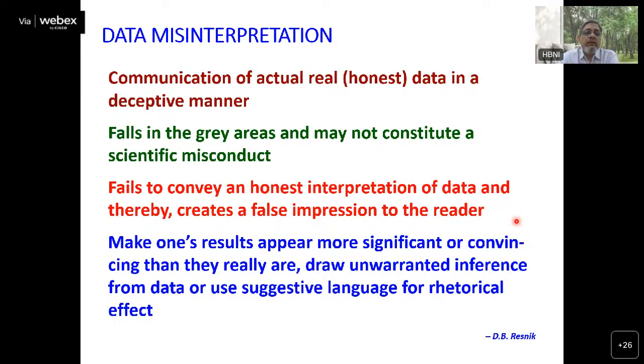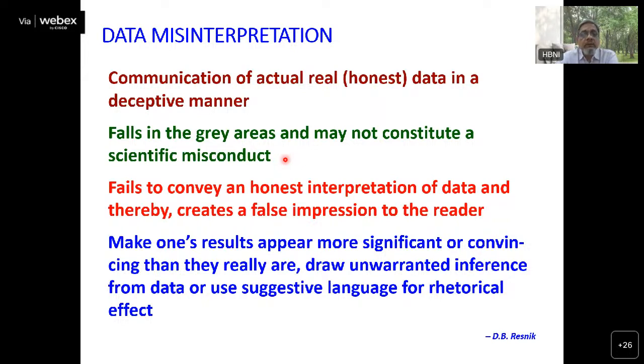There were certain areas in the middle which I called gray areas. This data misinterpretation falls in the gray areas of misconduct. They are not considered severe scientific misconduct, but they fail to convey an honest interpretation of the data and create a false impression for the reader.